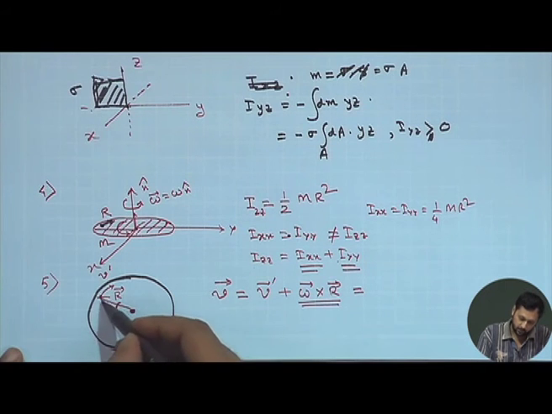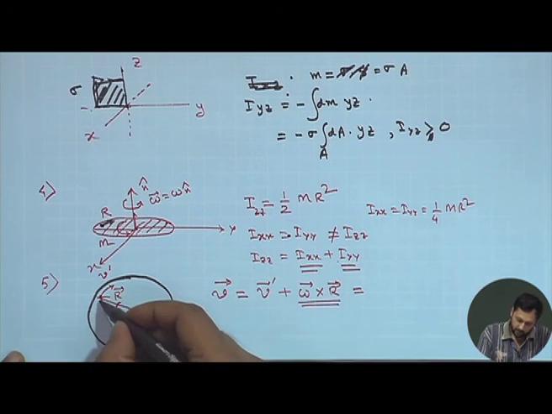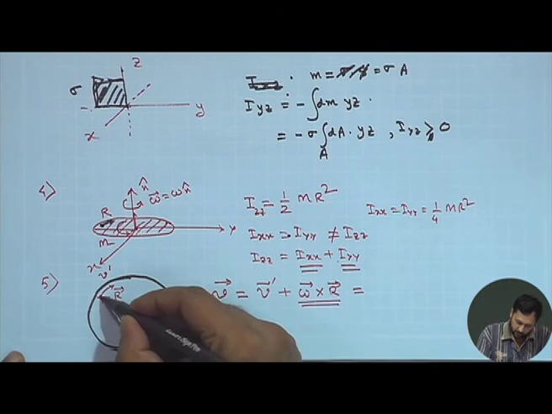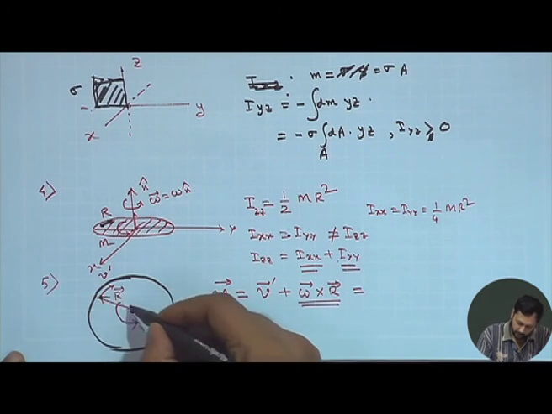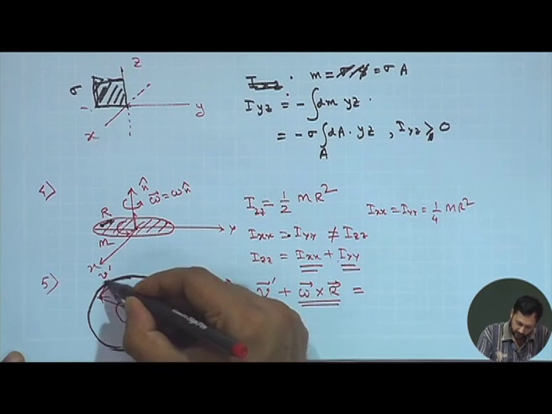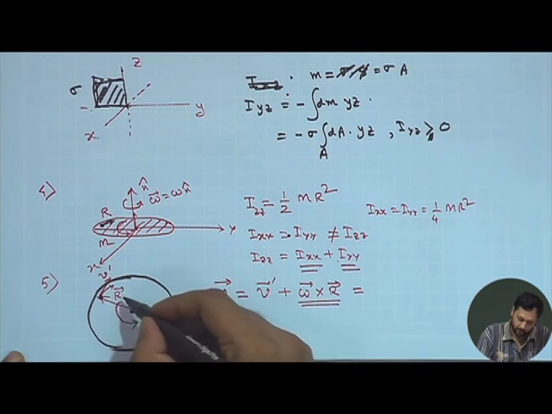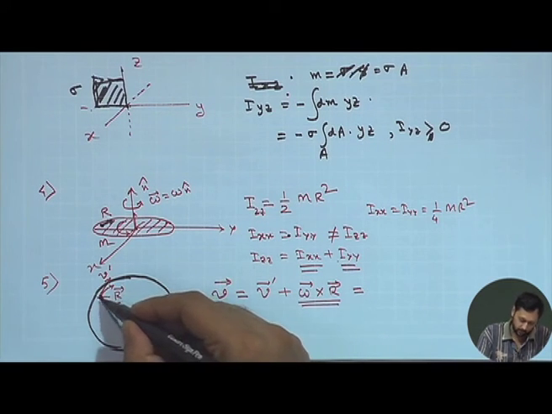Now, you take a cross product of that omega, which is pointing out of the surface of this paper, with r, and you will see that omega cross r is, at any instantaneous position, I mean the velocity v prime is tangential to the instantaneous position of this position vector r, sorry, position of this fly.